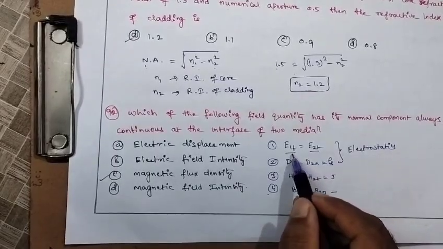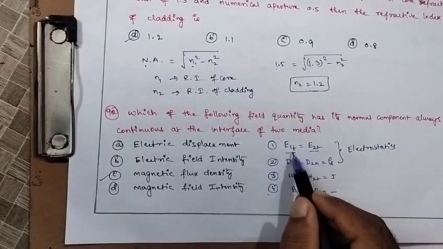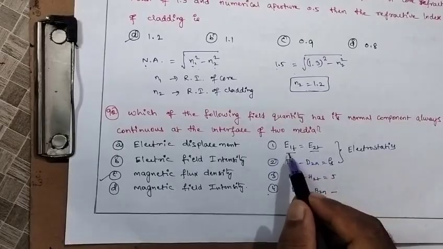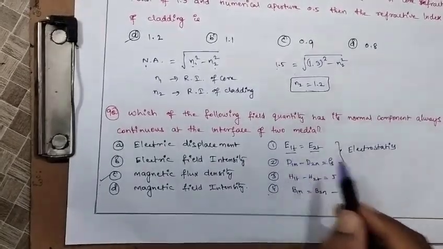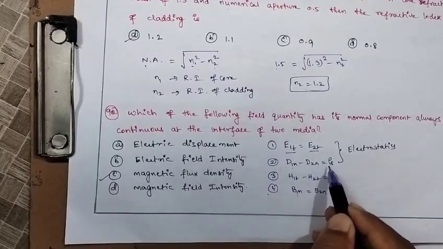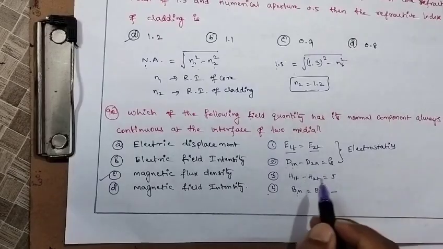That means the tangential component of electric field in medium 1 is continuous to medium 2, or the tangential component of electric field is continuous at the interface. Second is D1n minus D2n is equal to rho S. That means the normal component of electric flux density is discontinuous at the interface.